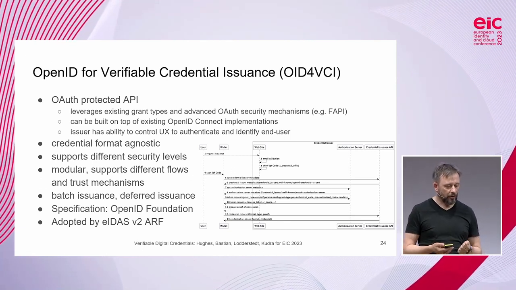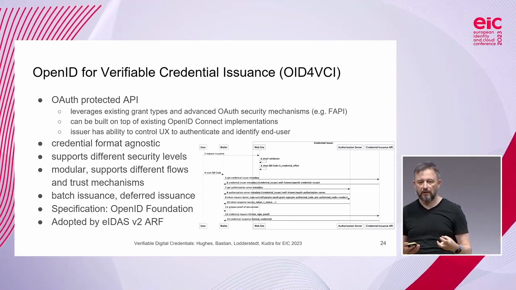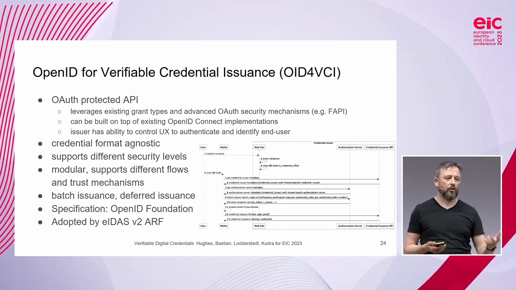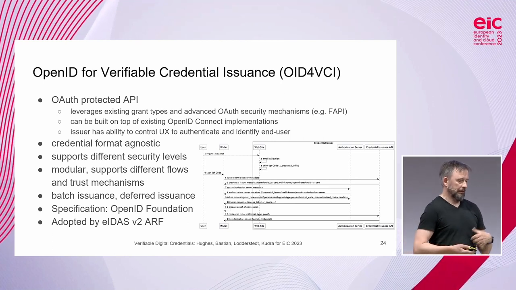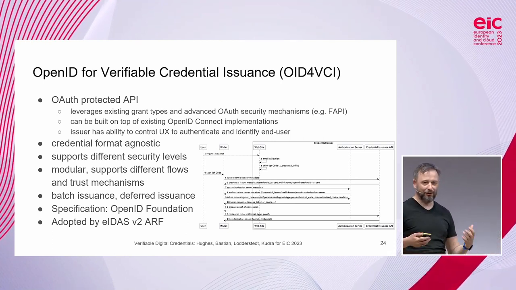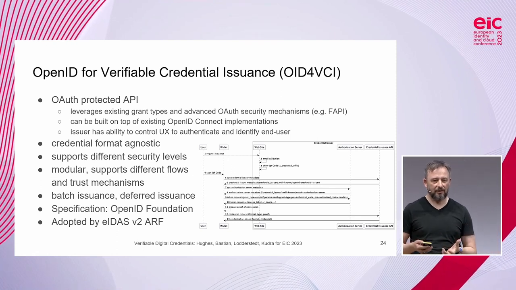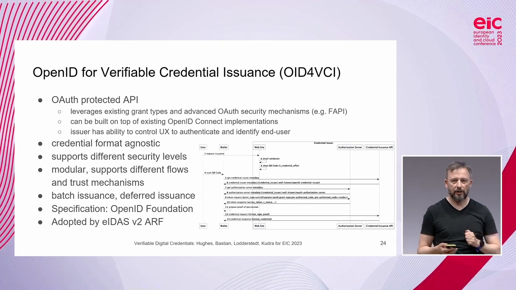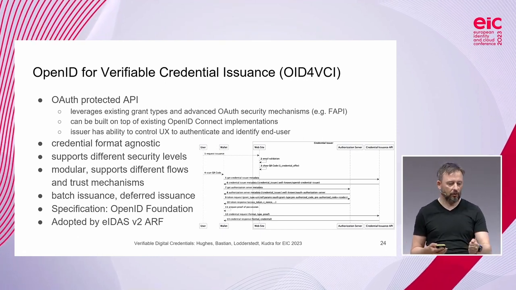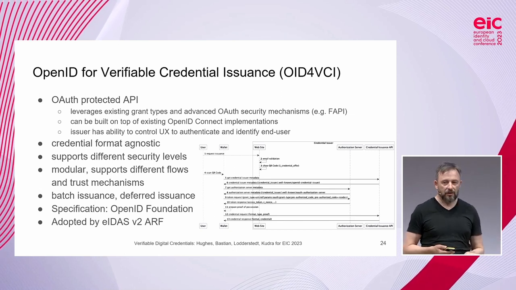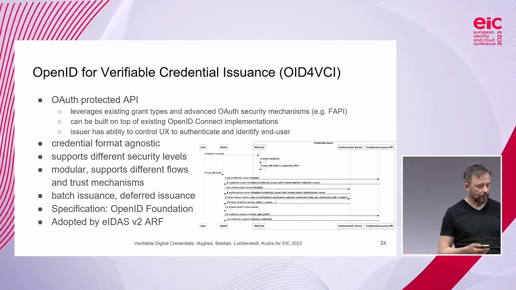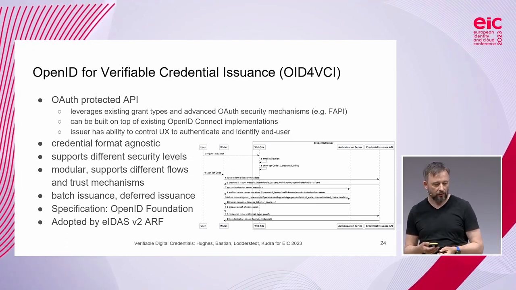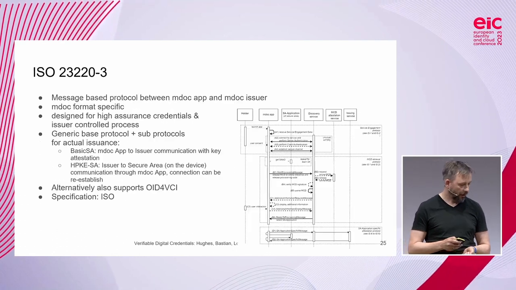It also has batch issuance and also a mechanism called deferred issuance, which means if the process is performed, basically everything is set, but the issuer needs more time because, for example, there's really batch processing involved in some pre-existing system, then you can defer the issuance. So the user can come back and pick up the credential a day later or a week later or something like that. The specification is done at the OpenID Foundation. And yeah, it's been adopted by the eIDAS v2 regulation for online use cases.